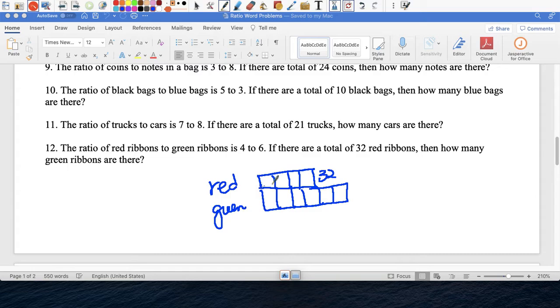In order for these boxes to add up to 32, each should have 8, which means the bottom ones will have 8. So when you have 32 red ribbons, green will have 6 times 8, which is 48. Okay, so pick your poison, either this or the proportions, whichever makes life easier for you.